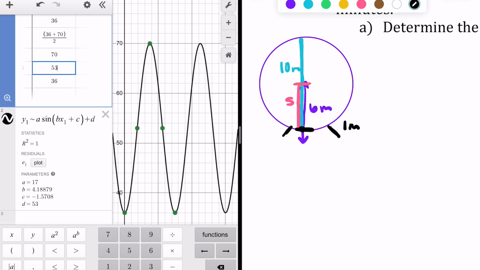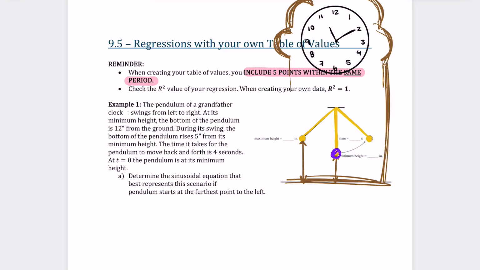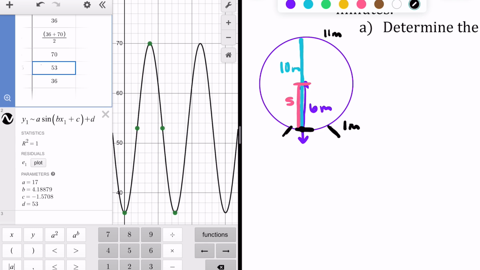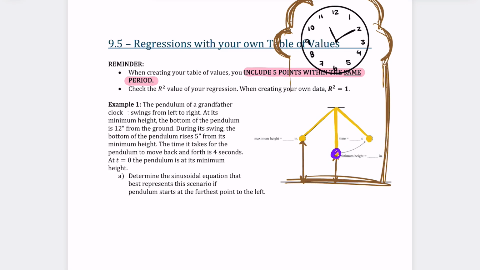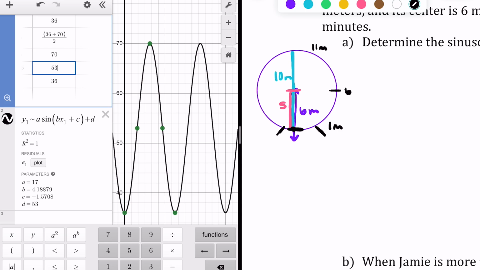And the highest point of the circle, way up here, I'm not just 10 meters, I'm 11 meters, because I've just found out that I'm at least 1 meter off the ground from where the closest point to the Ferris wheel is. And then the halfway point would be exactly 6, because the middle of the Ferris wheel is 6 meters from the ground.